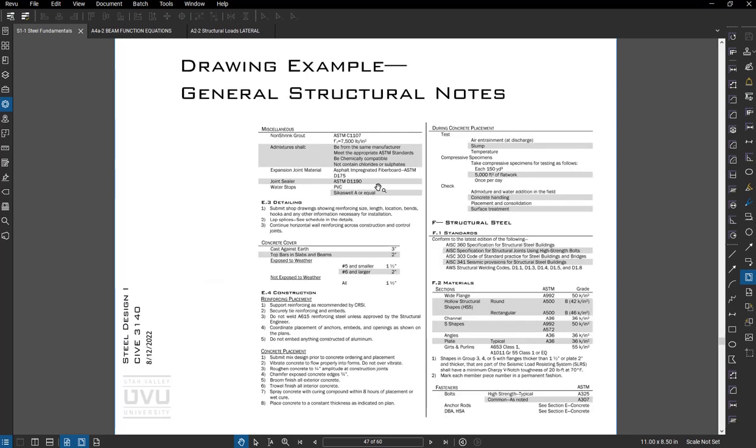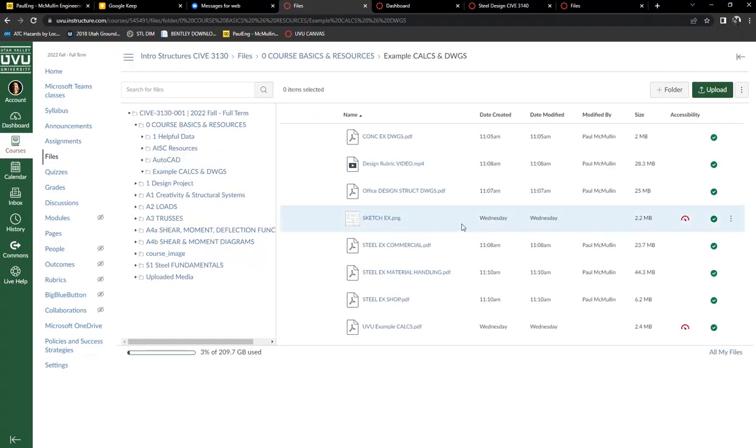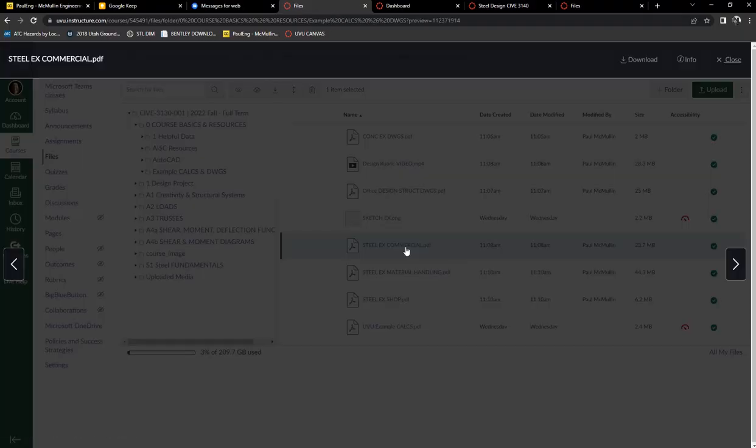Okay, I've thrown in some example drawings, and these are actually found in Canvas. If you come to Course Basics, there's an example calcs and drawings section, and you can see different types of drawing examples. This is for a big commercial project, and it may take a minute to load.